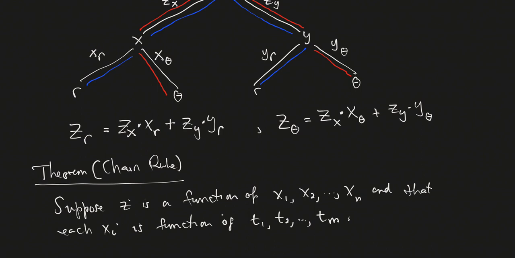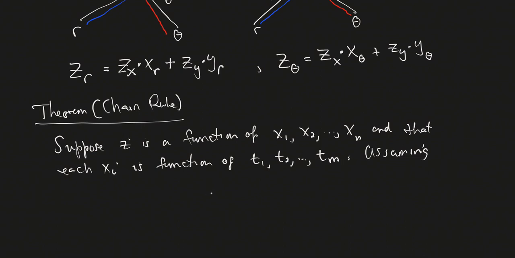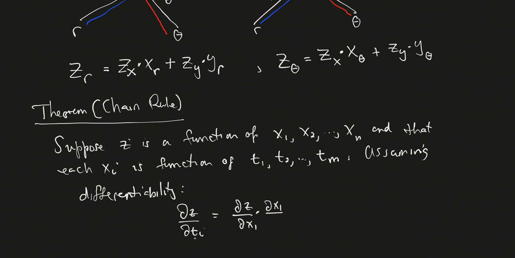So assuming differentiability, so that all the partial derivatives that we need will work, if I wanted to find the partial derivative of z with respect to, let's say, ti, any one of these, what I would have to do is take the partial derivative of z with respect to the first variable, x1, and then multiply it by the partial derivative of that variable with respect to the t that I'm interested in, the ti.